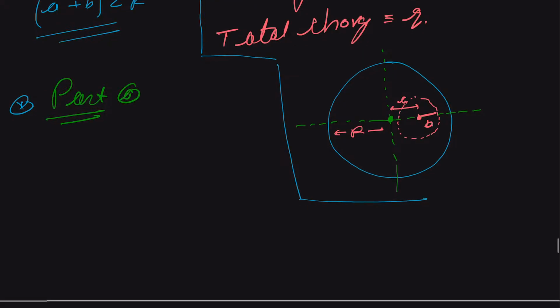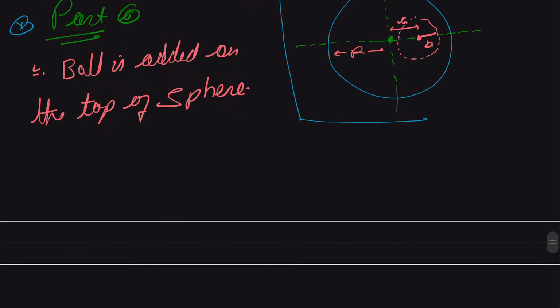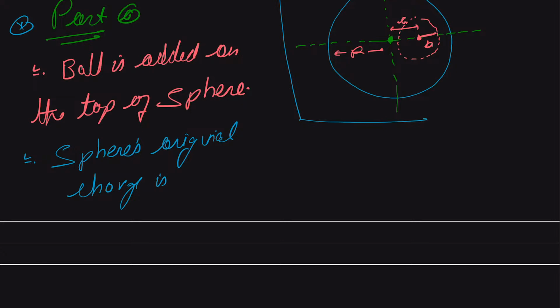So these are the two things from here: the ball is added on top of the sphere, and the sphere's original charge is present. Okay, it goes nowhere.